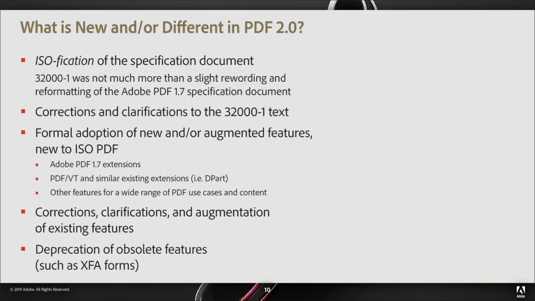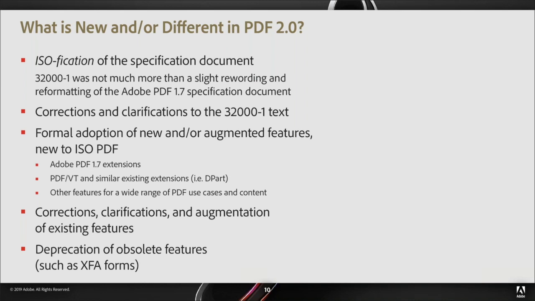Well, what is new in PDF 2.0? Well, first of all, I wouldn't recommend you try reading the specification, but the specification now conforms to the way that most ISO specifications read. There are lots of corrections and clarifications to the text in the PDF 1.7 specification. It adopted some new augmented features to ISO PDF.